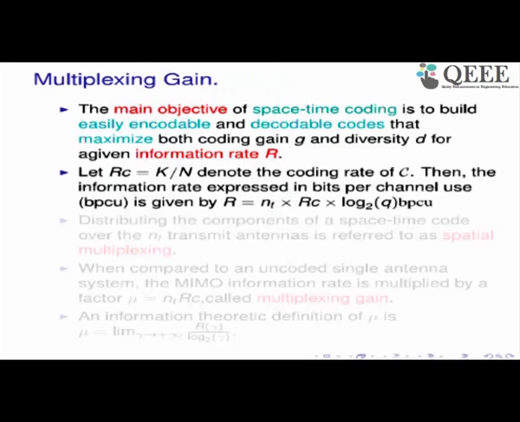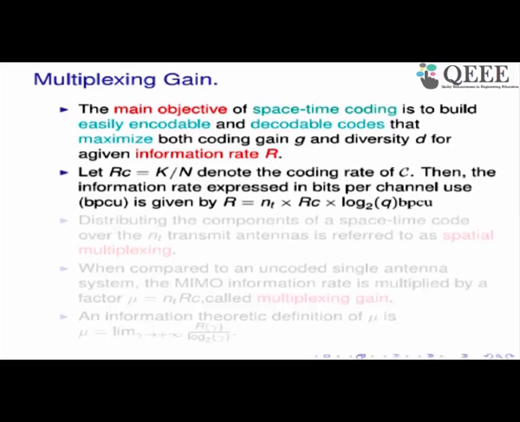So the main objective of space-time code is to maximize both the coding gain and diversity gain for a given information rate and also to make the code easily decodable. Let RC be the ratio of the information symbols to the code symbols.